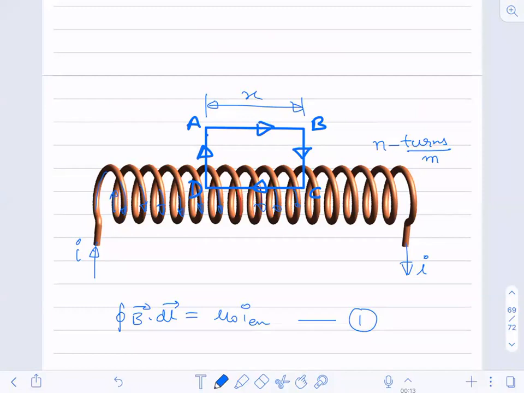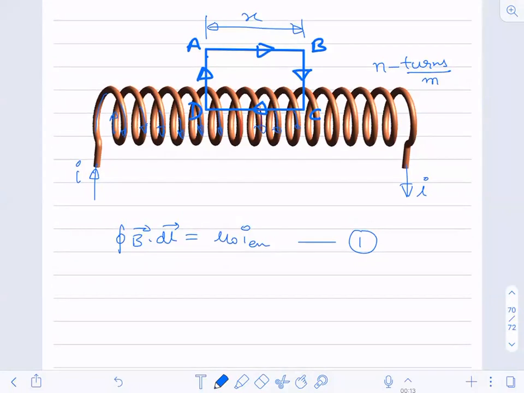Now, how many turns will there be in length x? Will it be n into x turns? Okay. It will be n into x turns. If there are nx turns, how much current will be flowing?